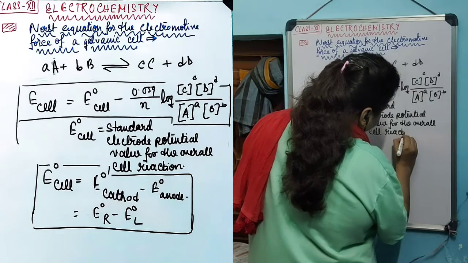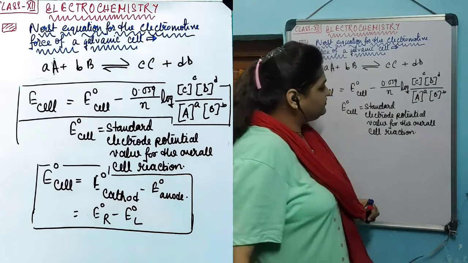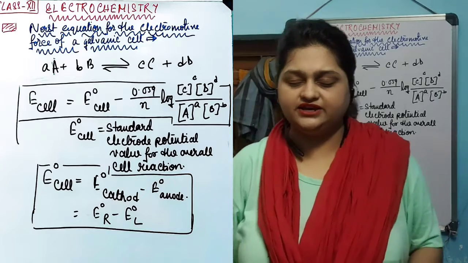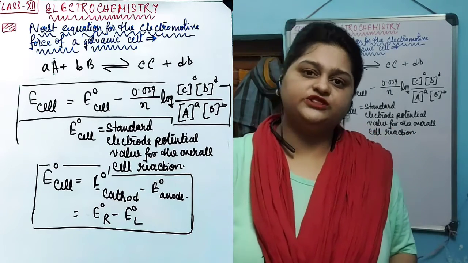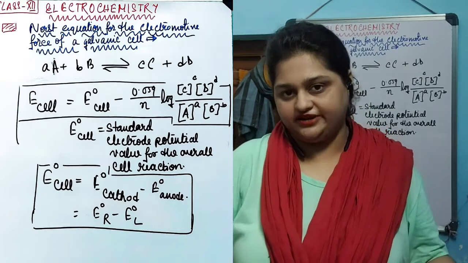Overall cell reaction. We know that in a galvanic cell, the overall cell reaction is constructed with the help of two half cell reactions.